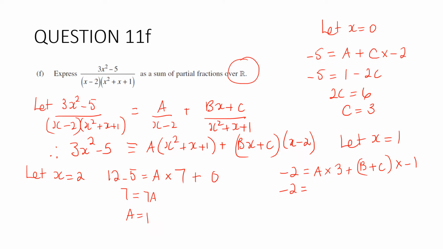Negative 2 is equal to A is 1 plus c is 3, so this is negative b take away 3. That's gone. b is equal to 2. Therefore, it's going to be equal to 1 over x minus 2 plus (2x plus 3) over x squared plus x plus 1.